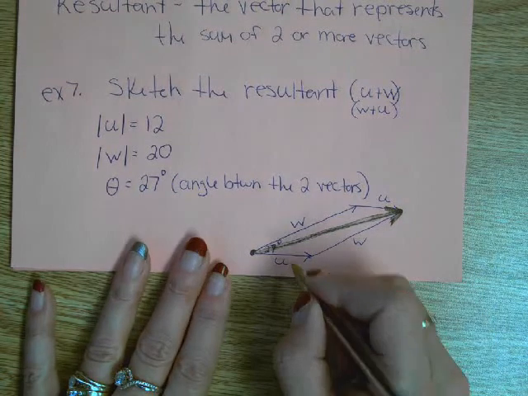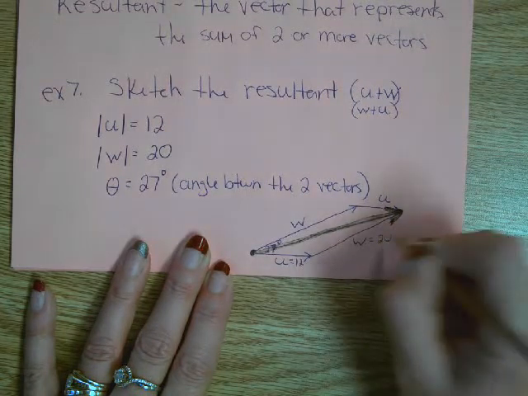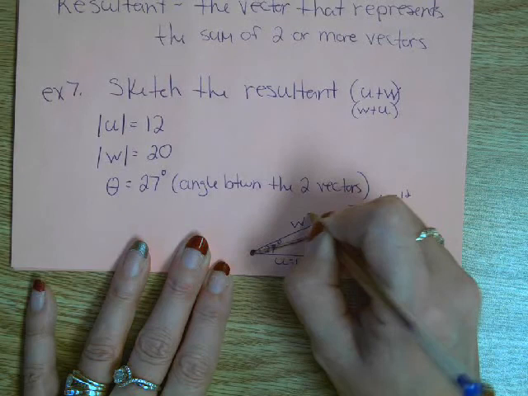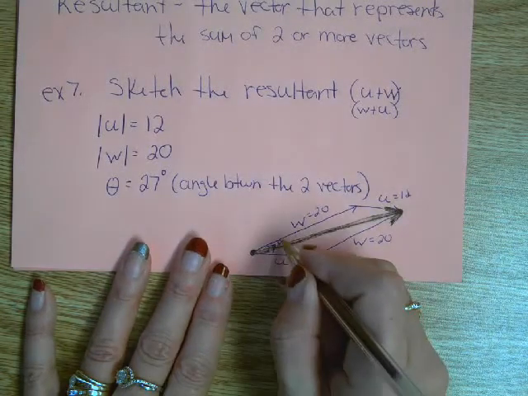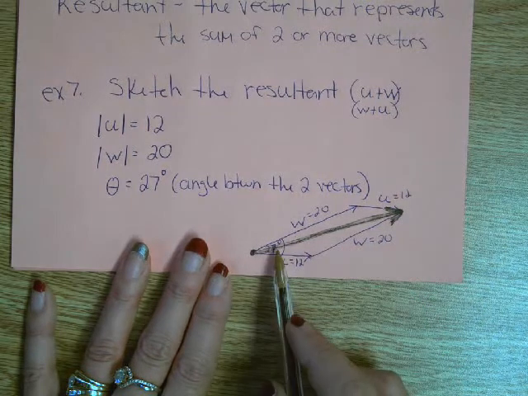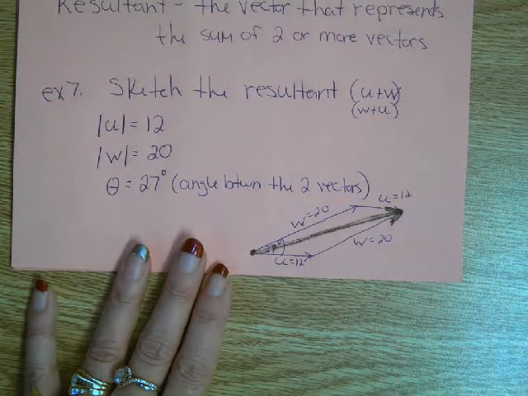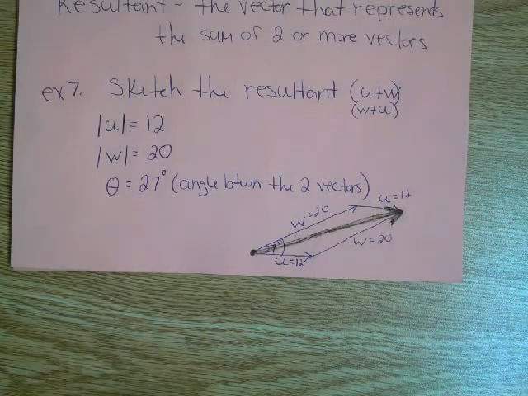So we've got u being 12, w being 20. This angle, before I drew in the black, was 27 degrees. Do you remember anything about the angles in a parallelogram? Because you can see two triangles here that we're going to be solving tomorrow.